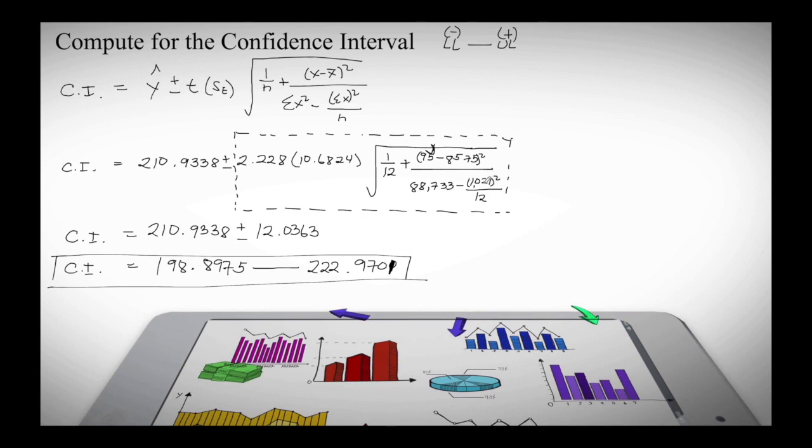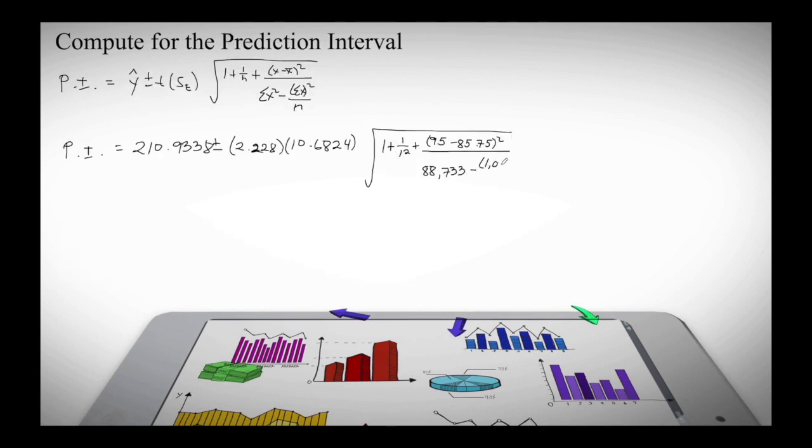That is 1,029, so 1,029 squared over our n, which again is 12.